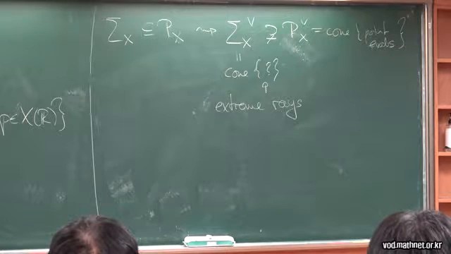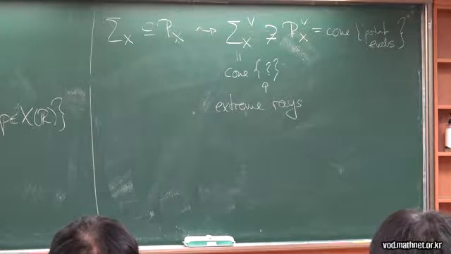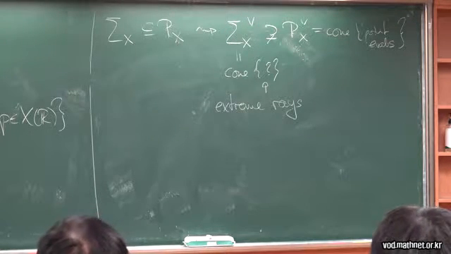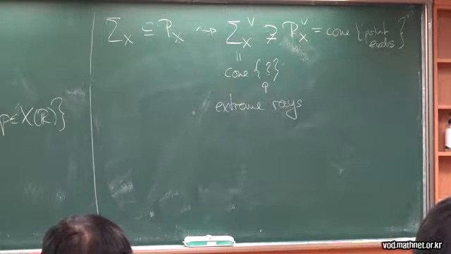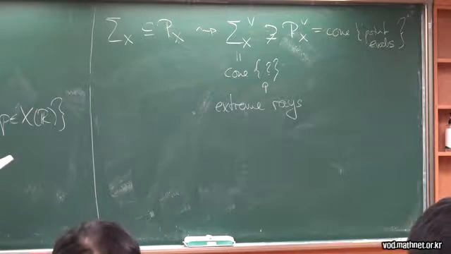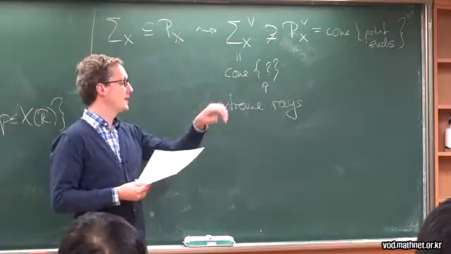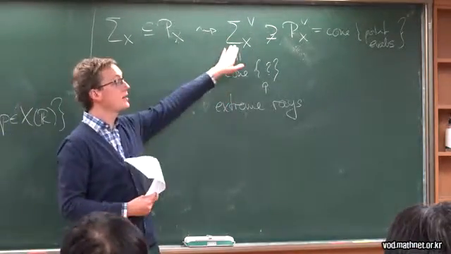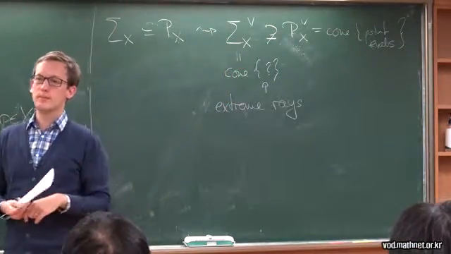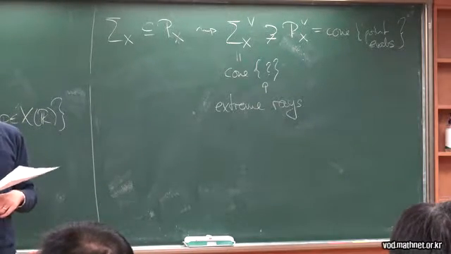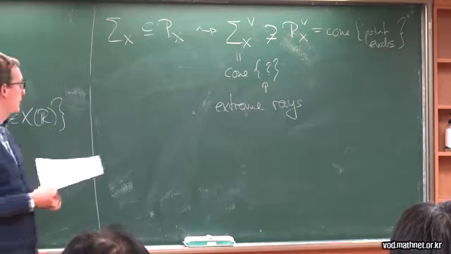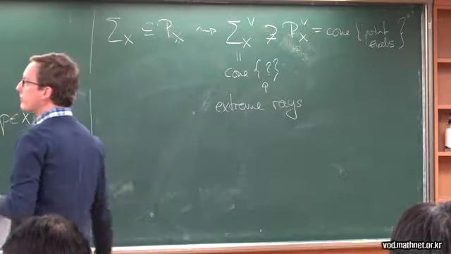Okay. So far so good? There is a theorem that such a notion makes sense. A theorem is that such a minimal generating set that is smaller than this cone exists. It's Minkowski's theorem, I guess. There's a unique and nice one.